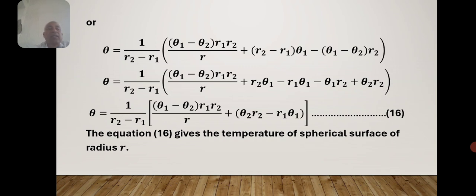Now cancelling the same terms, we can arrange this equation as theta equals 1 upon r2 minus r1 into the bracket theta 1 minus theta 2 into r1 r2 upon r plus theta 2 r2 minus theta 1 r1. This is equation number 16, and equation 16 gives the temperature at the spherical surface of radius r.